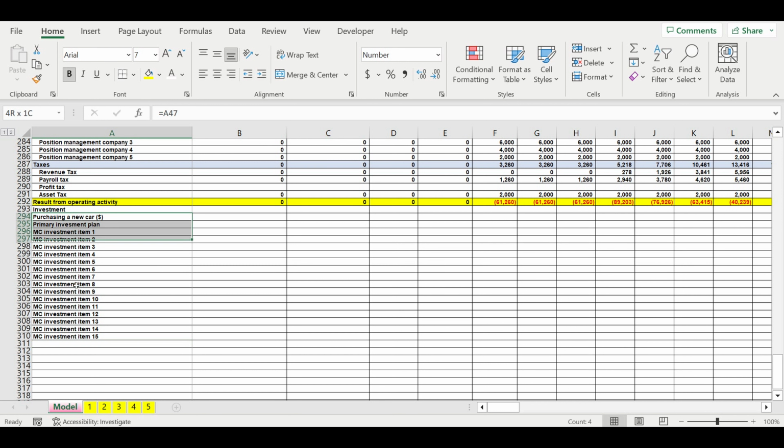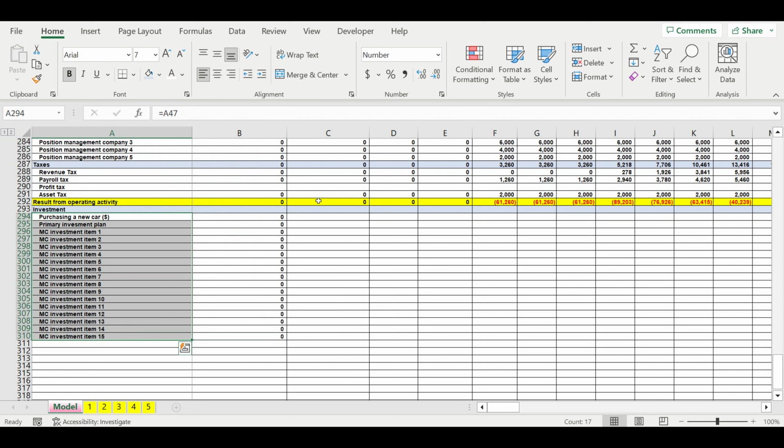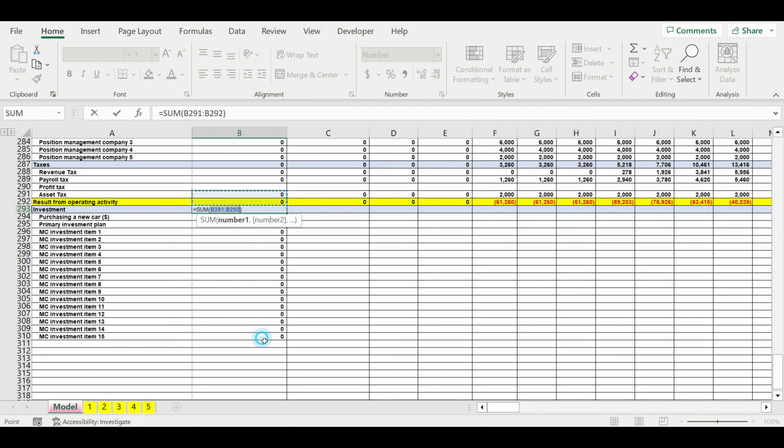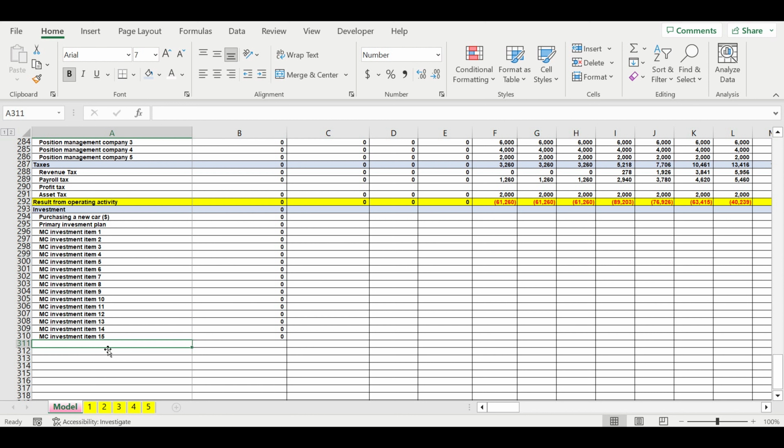So now let's extrapolate these lines. Investment I will highlight with blue. Then I will create the second yellow line. This will be the result from investment activity.